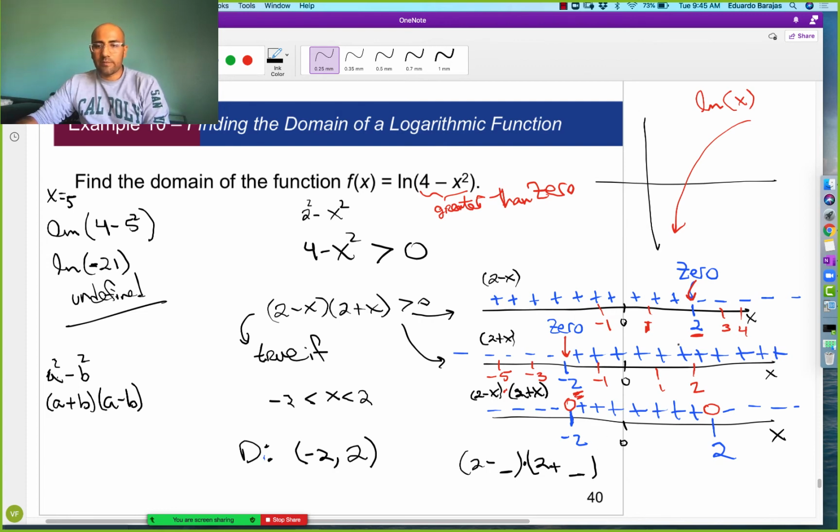And here's the sweet spot, right in the middle, between these two numbers. Anytime I pick a decimal between negative 2 and positive 2, I know that both of them are going to give me a positive number times a positive number, which means the output will be positive. Just to kind of throw a number in there, for example, 1.2. If I replace this thing with 1.2 and I replace this one with 1.2, I know this is going to be positive. 2 minus 1.2 is a positive number.